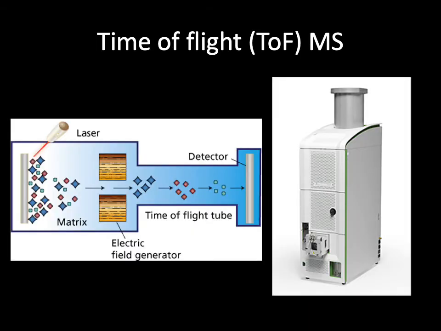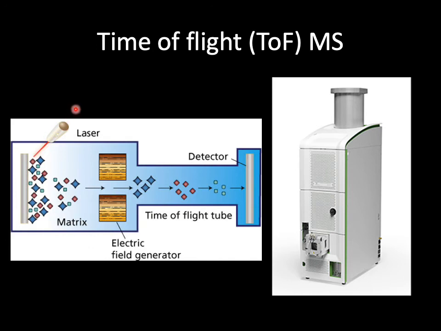The time of flight. Time of flight mass spectrometry is a method for measuring the distance between a sensor and an object. It's based on the time difference between the emission of the signal and its return to the sensor, after being reflected. So here we have our sample, which is ionized.